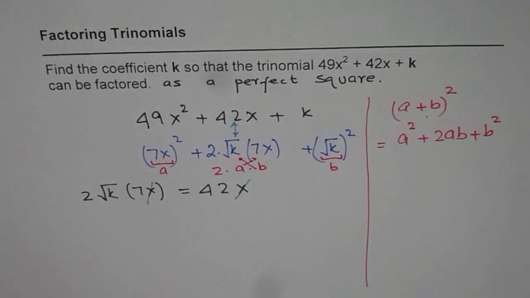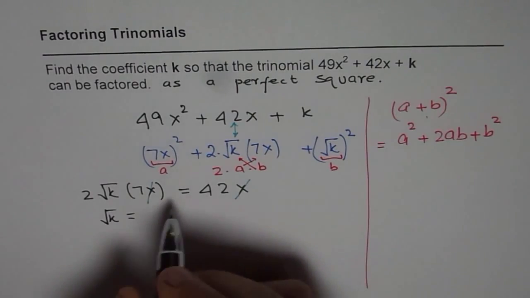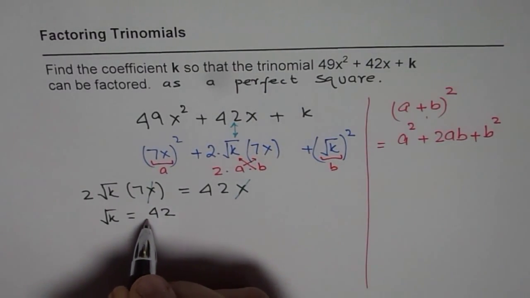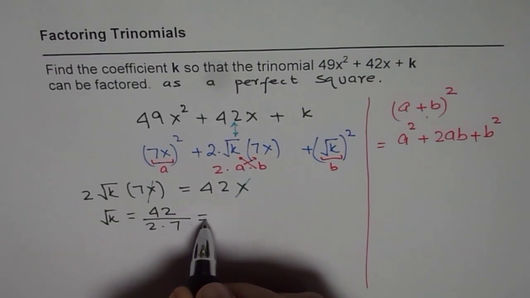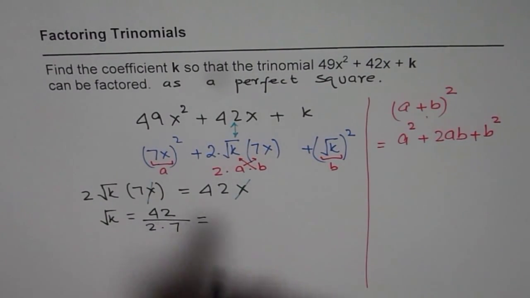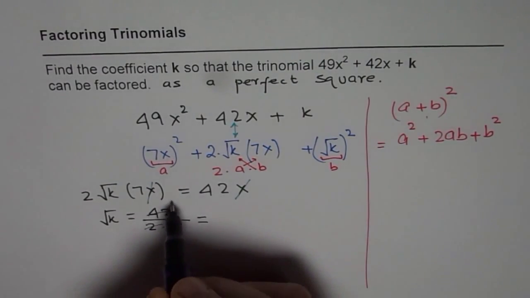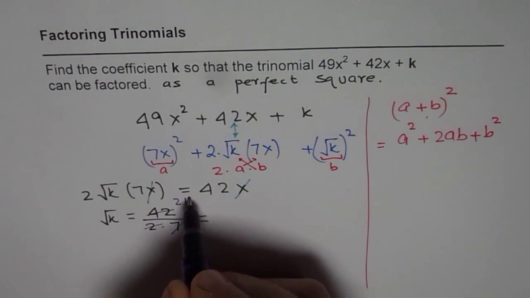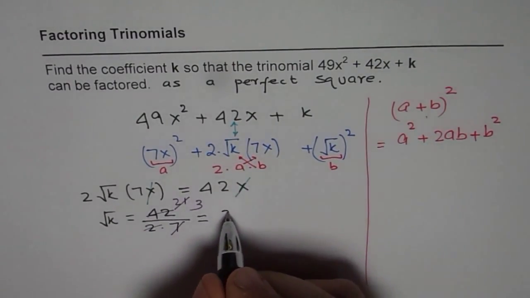Now this is a linear equation which can be solved, correct? x and x cancel. So we get square root of k equals 42 divided by 2 times 7. Is it okay? So that is 42 divided by 2 times 7. That goes 21 times, and this is 3 times, correct? So this leaves us with 3 here.